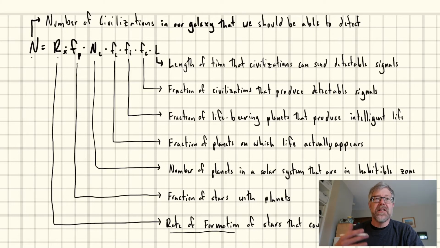It's not the total number of stars that exist in the galaxy, but the number of stars that actually form each year. fp is the fraction of stars with planets. ne is the number of planets in a solar system that are in the habitable zone, or the number of bodies that could potentially sustain life. fl is the fraction of planets in which life actually appears, so any form of life whatsoever. fi is the fraction of life-bearing planets that actually produce intelligent life.